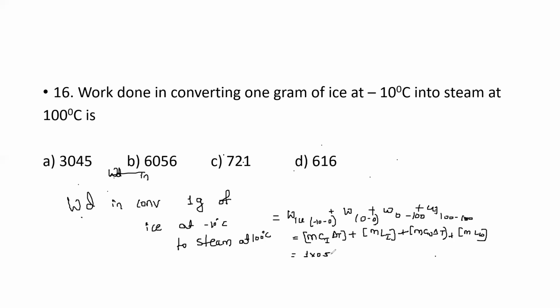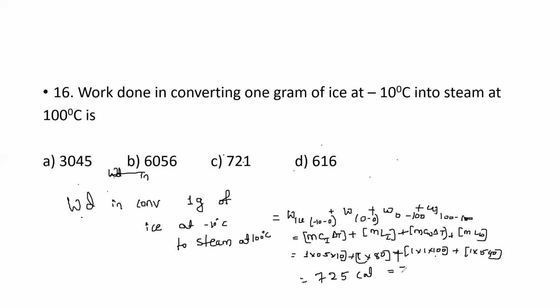So it is written as 0.5 into 10, the change in temperature is 10, plus 1 into 80, plus 1 into 1 into 100, plus 1 into the latent heat of water, which is 540. After substituting all the values, we will get 725 calories, because we have calculated in the CGS system.